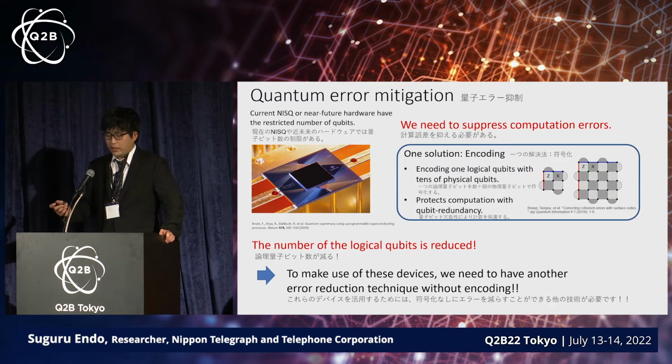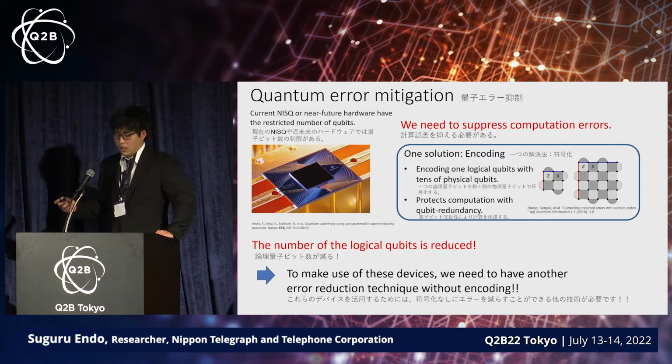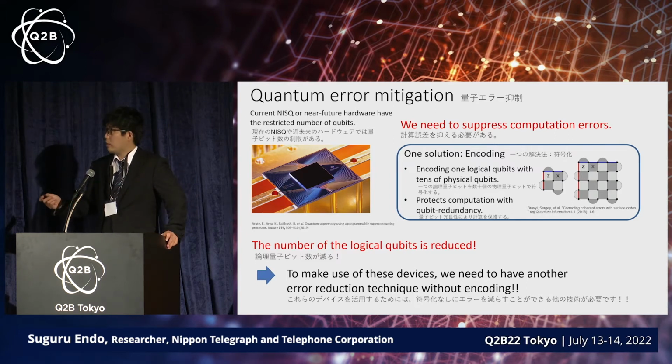And historically, the solution is encoding and error correction. We encode one logical qubit with 10 to hundreds of qubits, and using the redundancy of the qubits, we can protect the computation from errors.